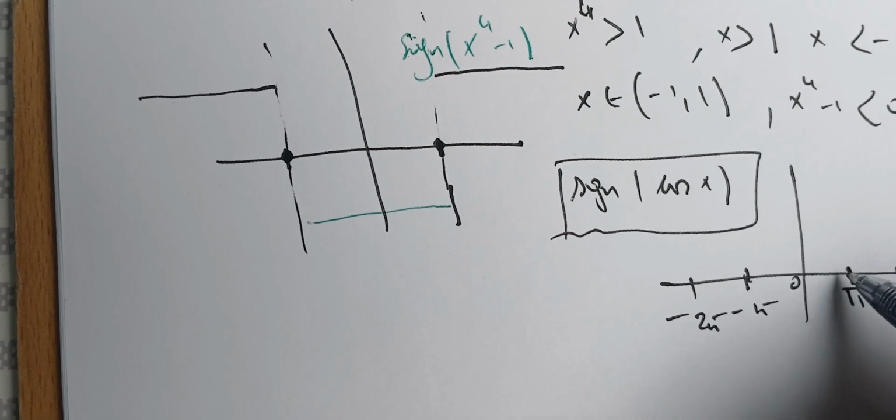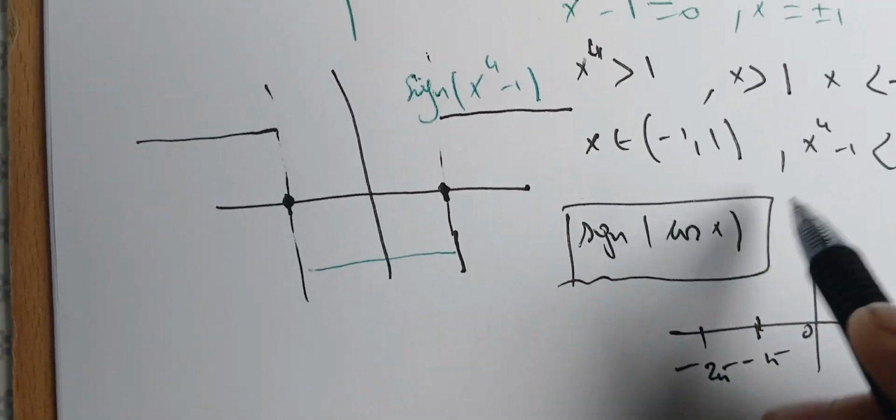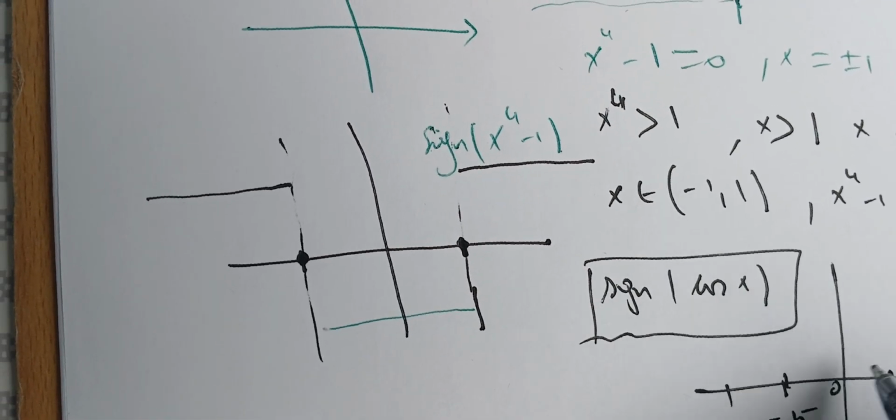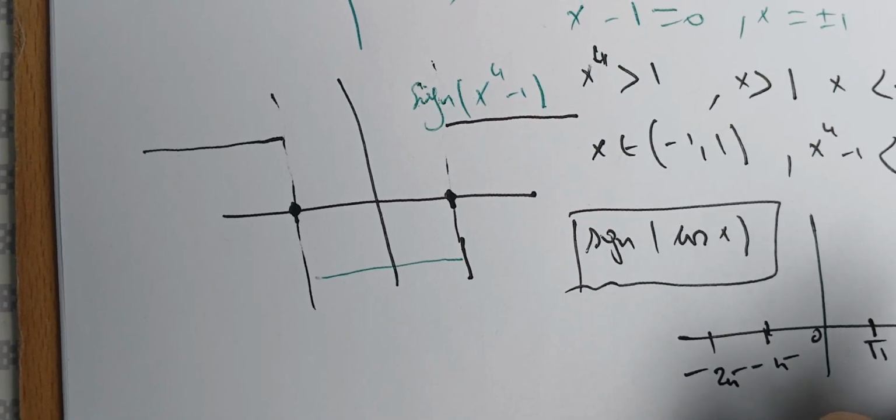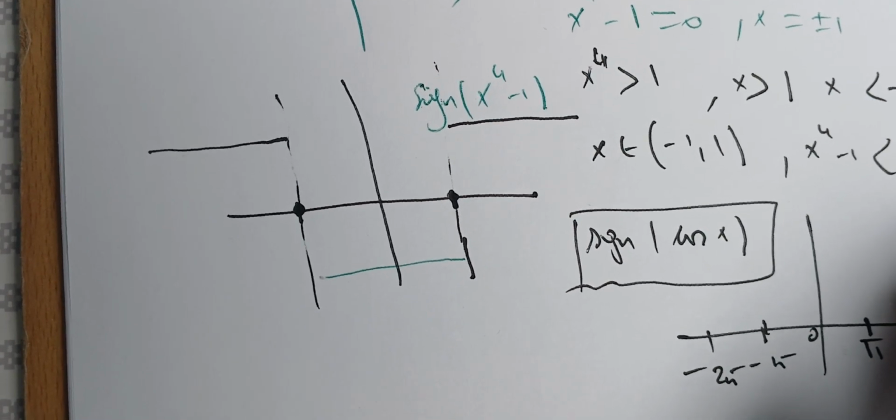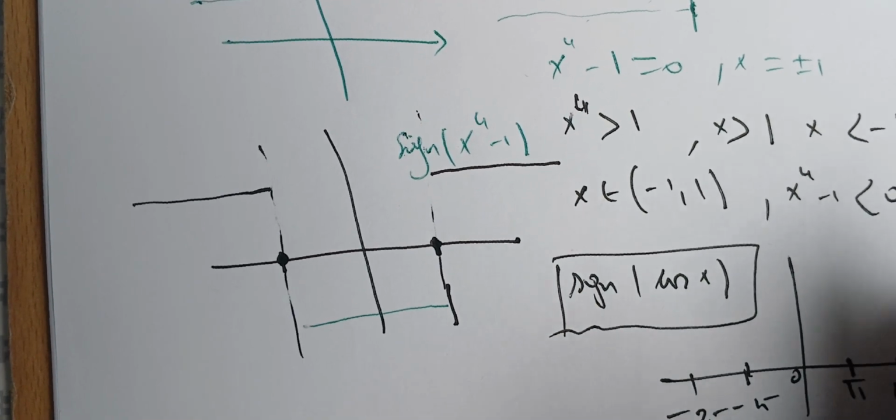If you try and graph the cosine function, you will see that the signum of the cosine of x will be periodic. Okay, so it's good to know.